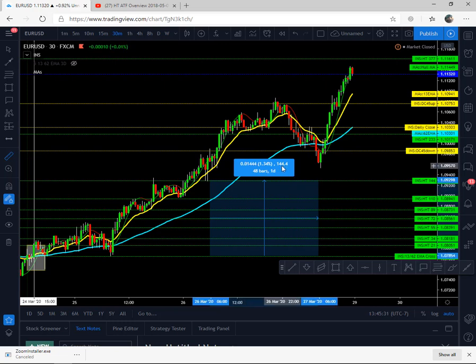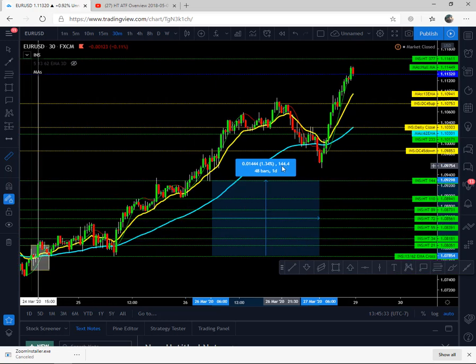So here's 144 pips. So again, the 144 harmonic target represents the 100% fib retracement.